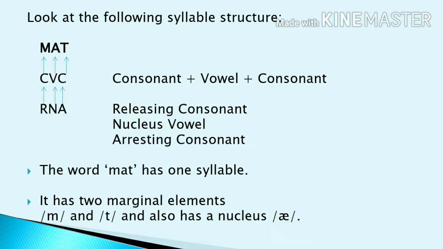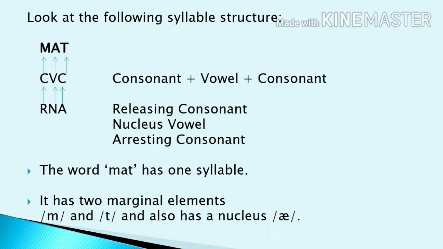Only 3 letters are there in this word. M-A-T, mat. How do you pronounce it? Mat. M-A-T. So how many sounds are there now? Of course, only 3 sounds.